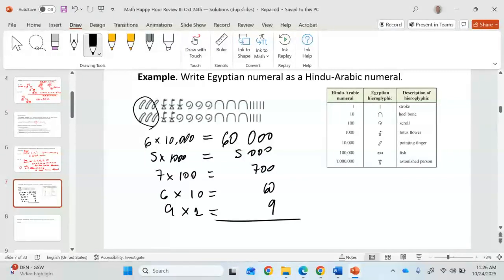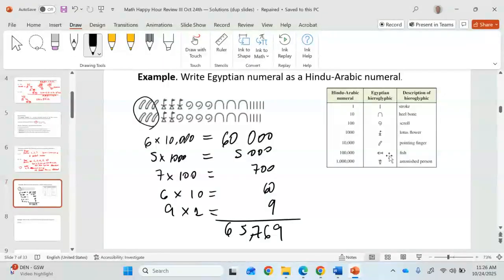When you add them, you can just arrange the numbers in the position that they correspond. So this would be like 9, 6, 7, 5, and 6. So all of this numeral is equivalent to 65,769.